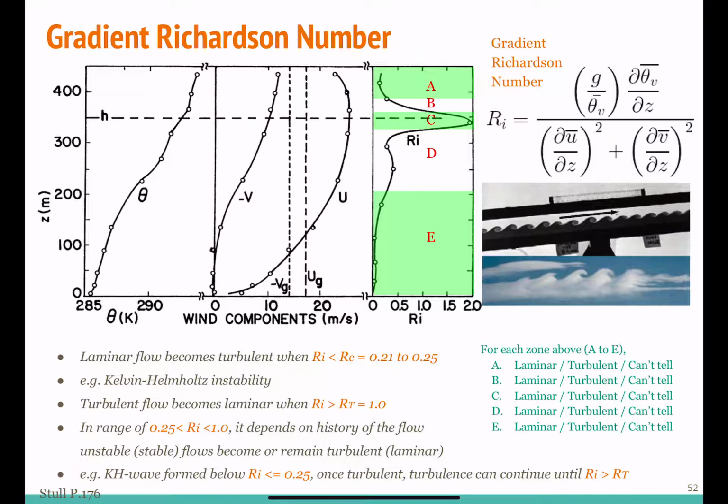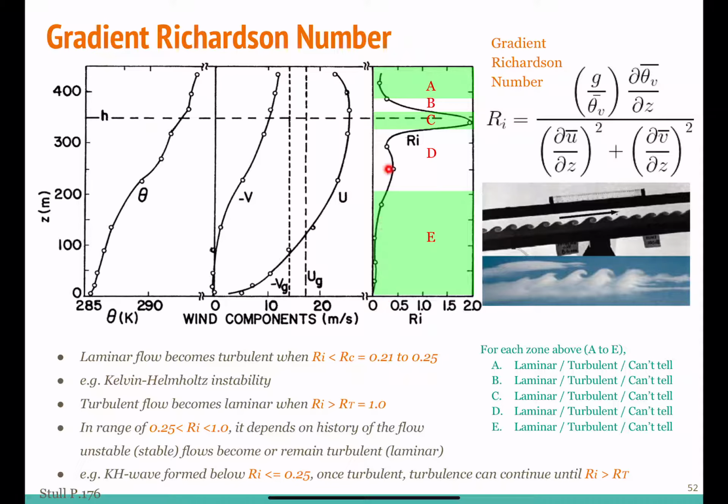Last time we covered this, the gradient Richardson number. We use this to define the top of the PBL. If this is a larger number, it means that it's a very stable situation, so this is the part where we have no turbulence or less turbulence. The laminar flow becomes turbulent when the Richardson number is less than a critical value, which is 0.2 something.